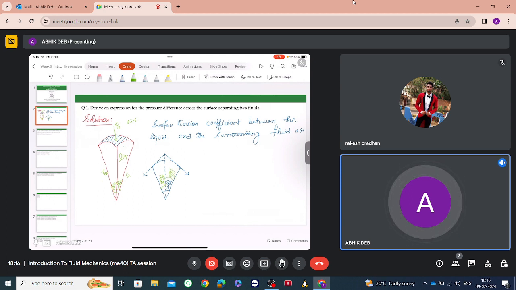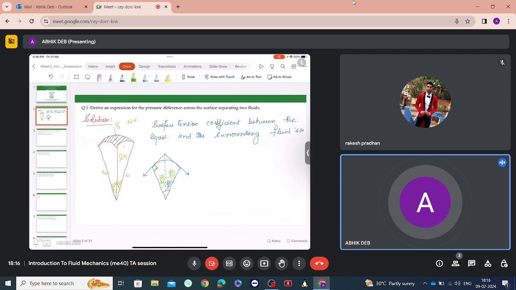Now this is essentially a perpendicular drawn here, that is perpendicular to the surface, which has been extended here.